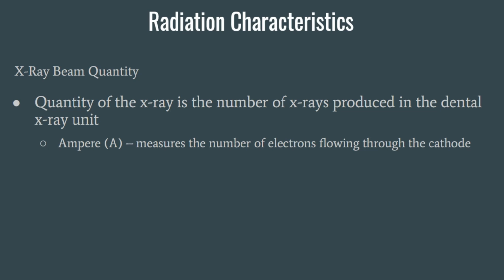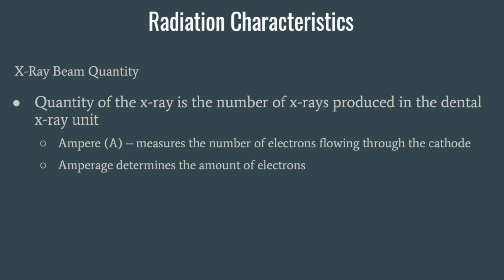So we need to back up again and discuss another unit of measurement called an ampere. An ampere measures the number of electrons flowing through the cathode. So on that cathode side, there is the tungsten filament, and the tungsten filament heats up, and when it heats up, it releases electrons from the tungsten atom, and they sit there in that little cloud called thermionic emission, and that's measured in amperes.